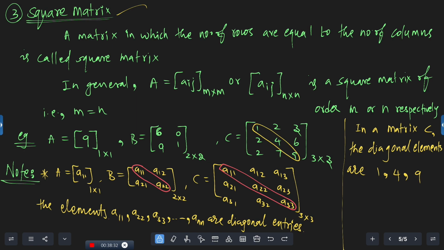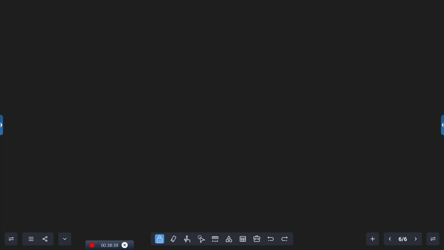Next, we are moving to the diagonal matrix. Definition number 4. I told you that a diagonal matrix must be a square matrix, so while starting the definition, you can start with a square matrix.